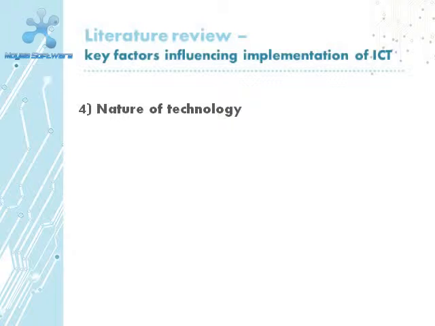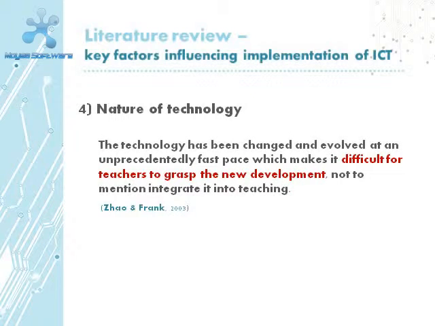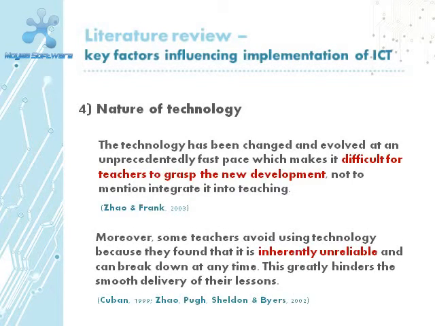Nowadays, technology has changed and evolved at an unprecedentedly fast pace, which makes it difficult for teachers to grasp the new development, not to mention integrate it into teaching. Moreover, some teachers avoid using technology because they find that it is inherently unreliable and can break down at any time. This greatly hinders the smooth delivery of their lessons.